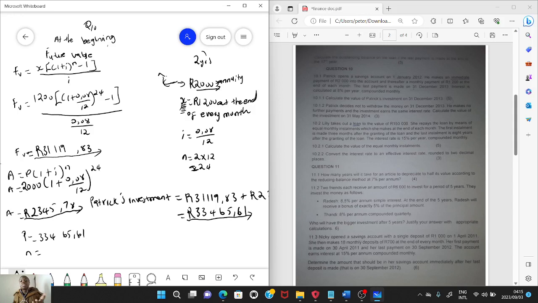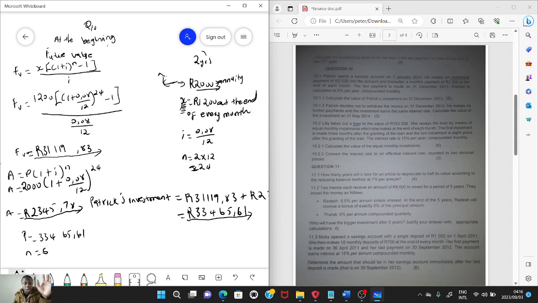We know the last payment was made at the end of December, and you decide not to withdraw the money. So we have January, February, March, April, and May. Meaning your N is going to be 5, and you do not multiply your N by anything.